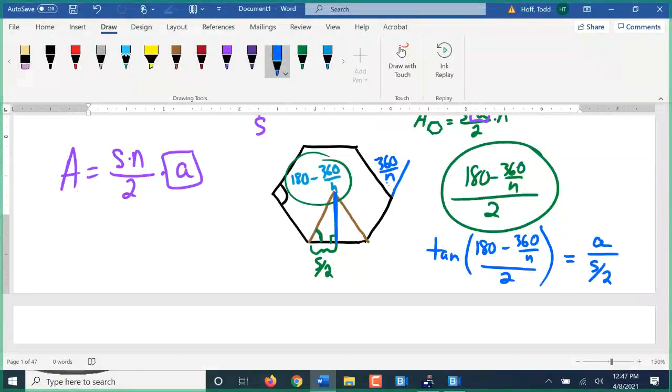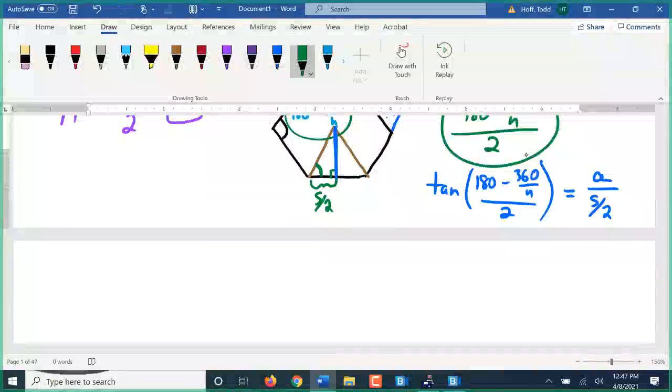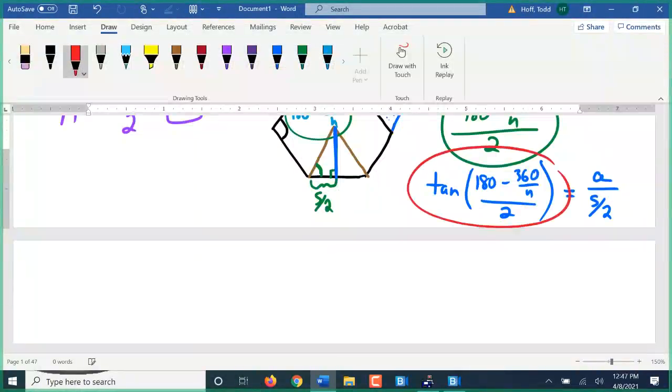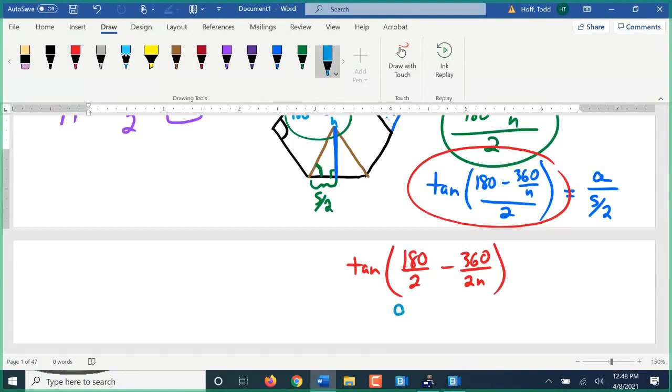Well, we need to solve that for the apothem. First thing I'm going to do is look at what's going on inside here. If I divide this out, I can split this up as 180 divided by 2 minus 360 divided by 2n. 180 divided by 2 is 90.